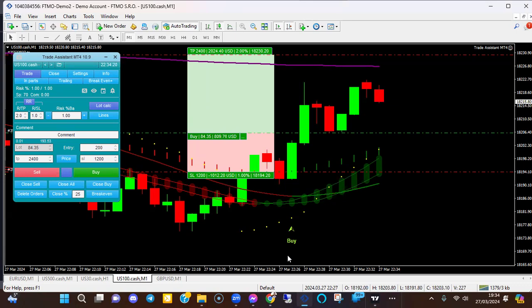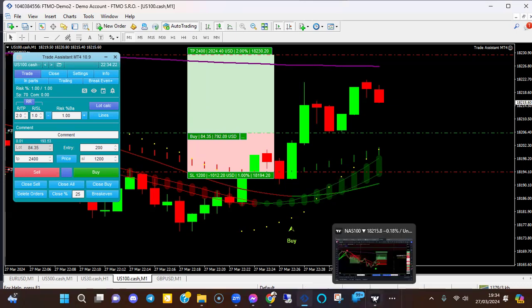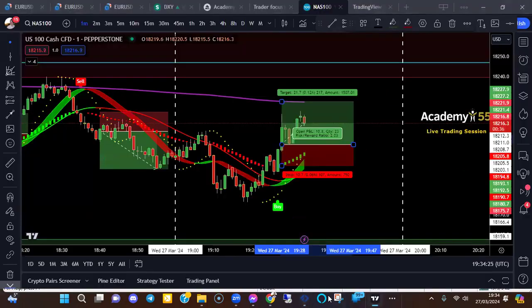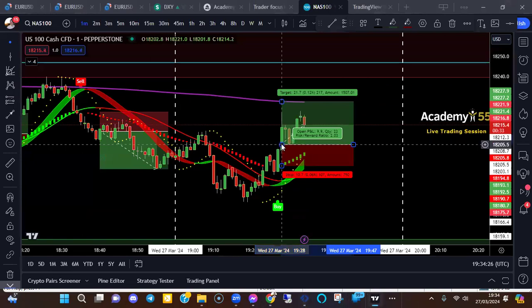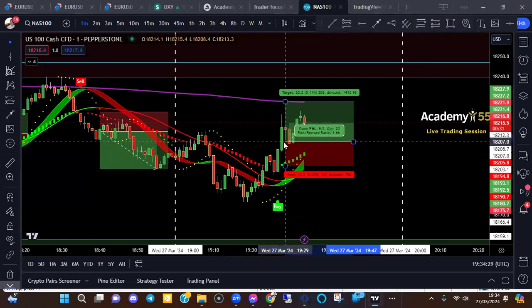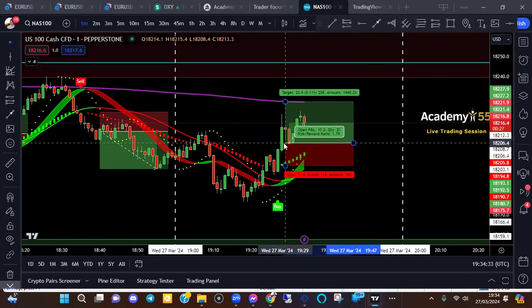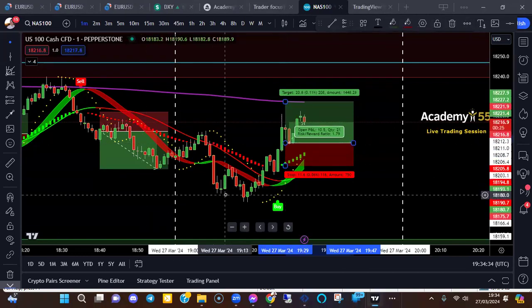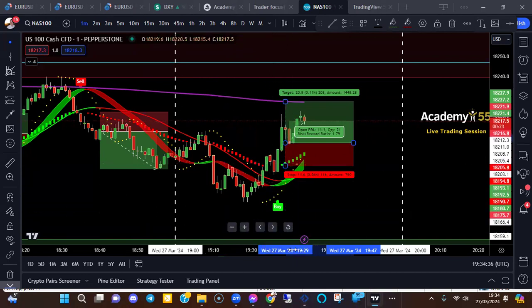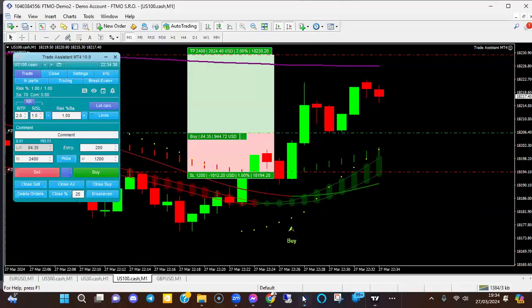18206. Sorry, I'm just reading figures to myself. 18206, which is there. Stop loss is at 18194.